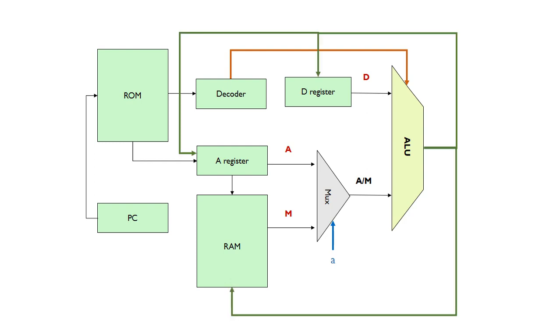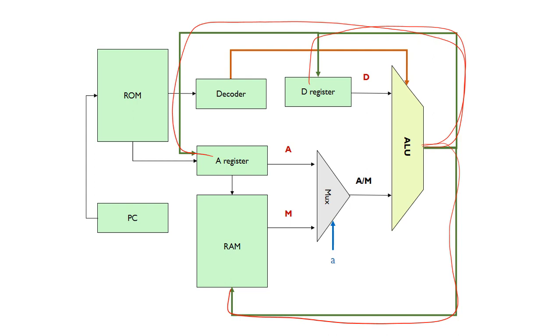Depending on the destination, the output of the ALU can be fed into the D register, into the A register, or into RAM, depending on the destination bits. And if you are writing to RAM, remember that you need to set the address first in the A register.